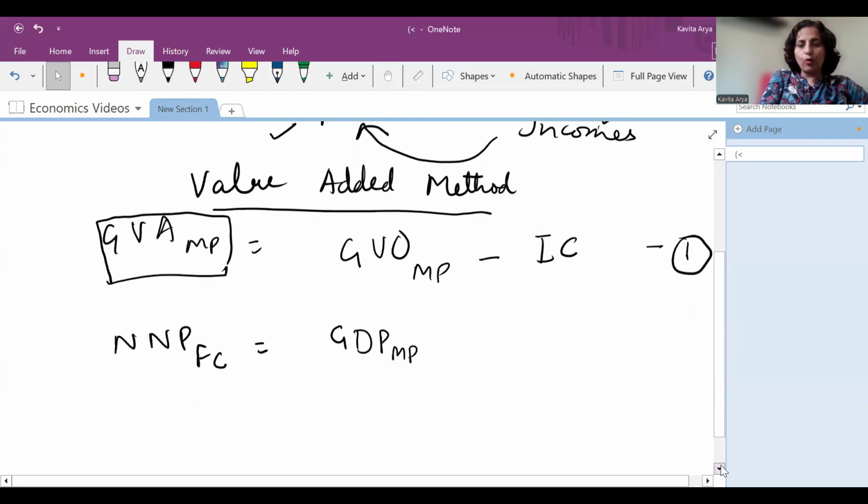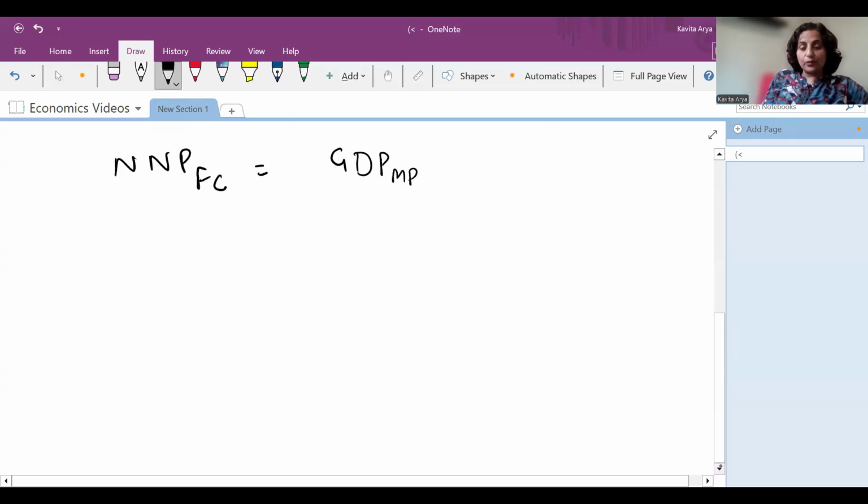Let us recall the three equations which we have already read in the previous chapters. The first is gross is equal to net plus depreciation.